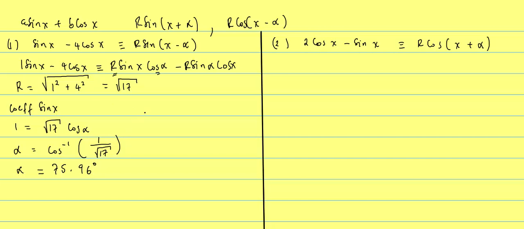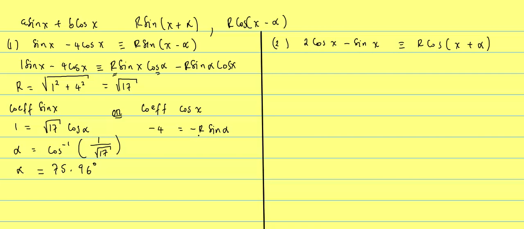Alternatively, you could have used the coefficients of cos x. Now please take note that you don't need to do this. I'm just doing it to demonstrate that you will get the same value of alpha. So the coefficient on the left hand side is minus 4, which is equal to the coefficient of cos x on the right hand side, and that is minus r sine alpha.